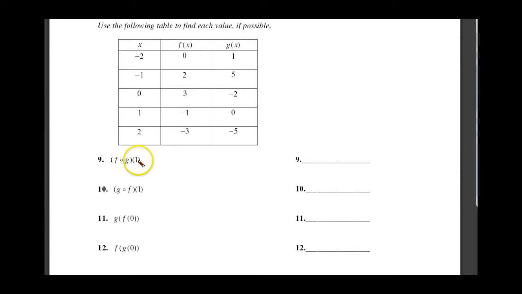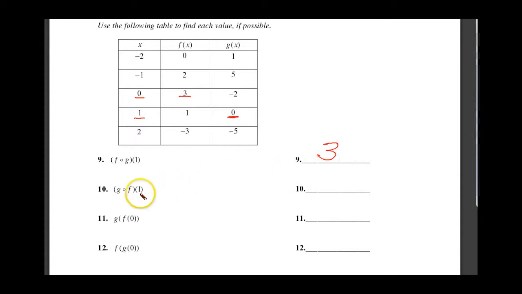So how does this start off? Well, it starts off where we go to our chart, and our x is 1. Now, what is our g value there? Well, our g value is 0. We then go back to our x, where this 0 is there. What's in our f column now? 3. So our output of this machine is 3.